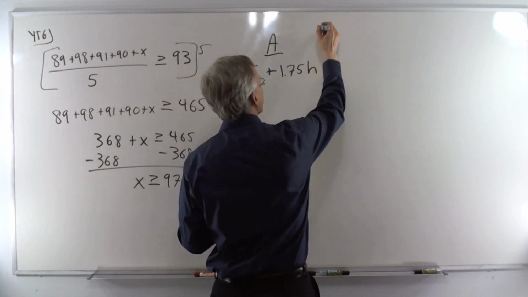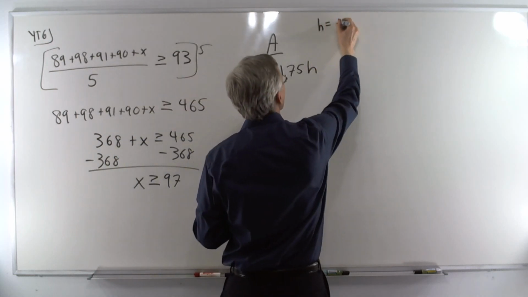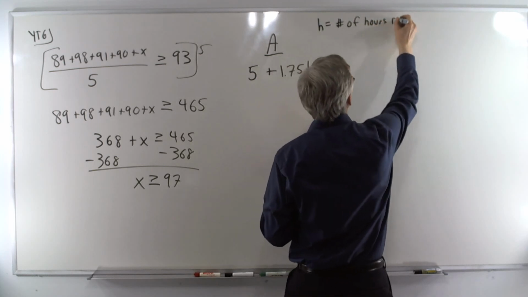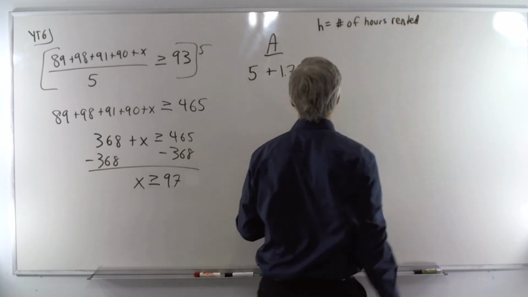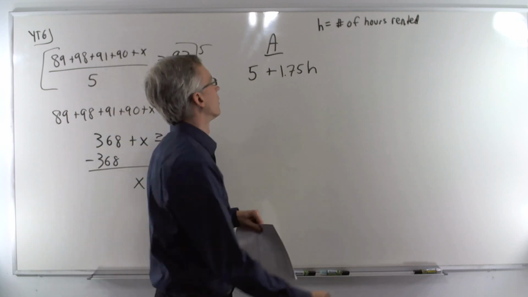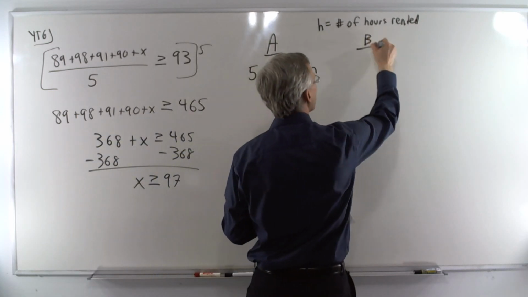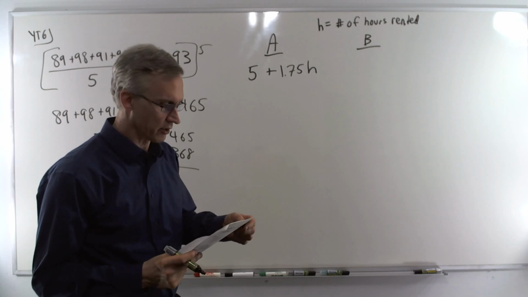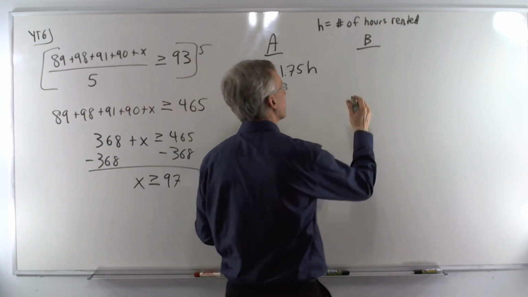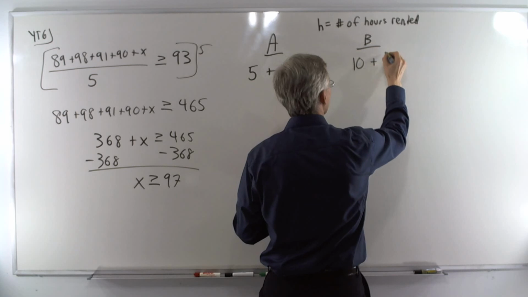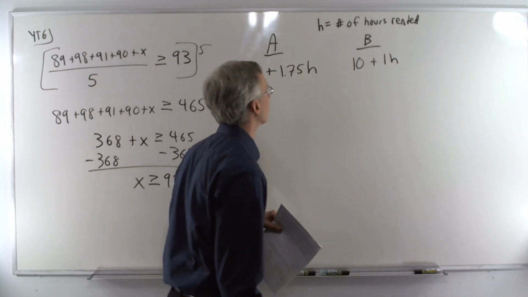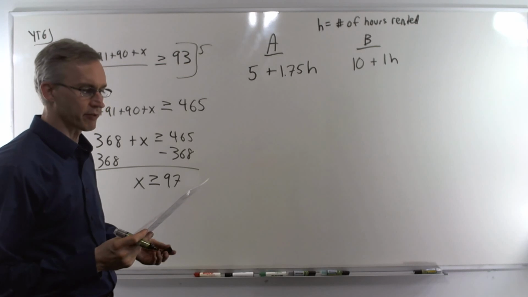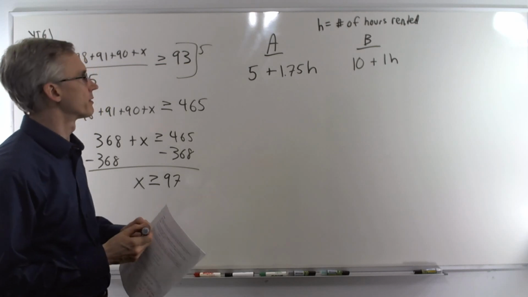We're defining h to be the number of hours rented. Now company B charges $10 plus $1 per hour. So we got $10 plus 1 times h.